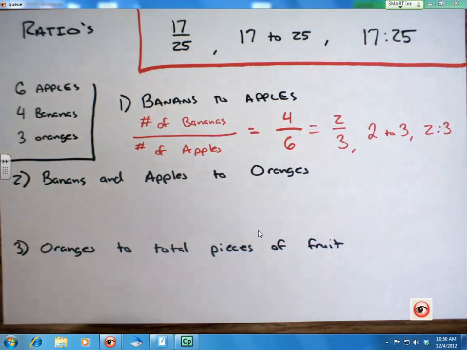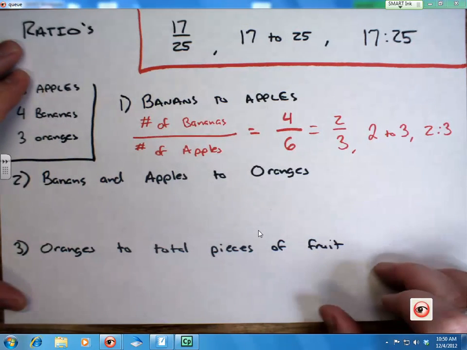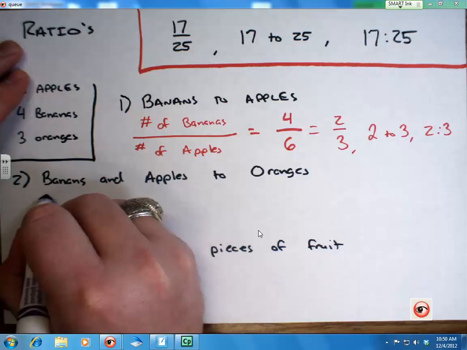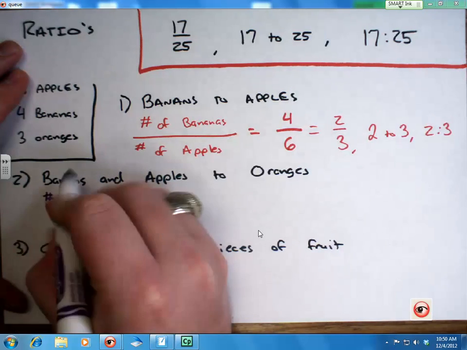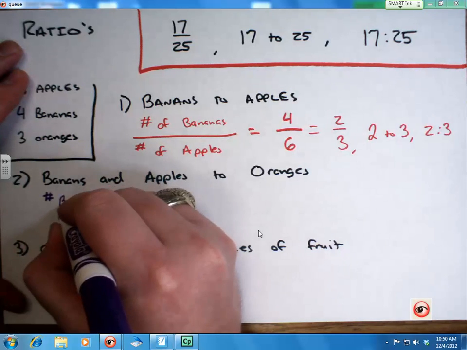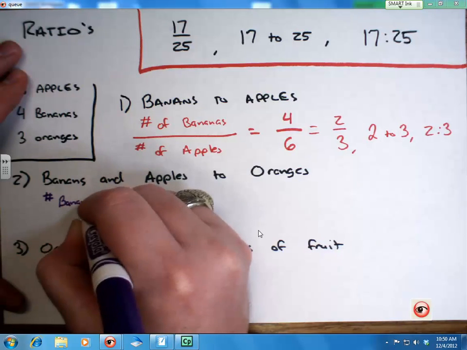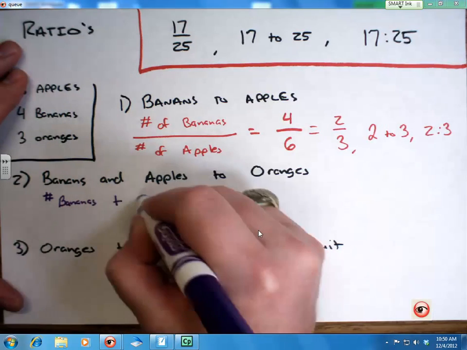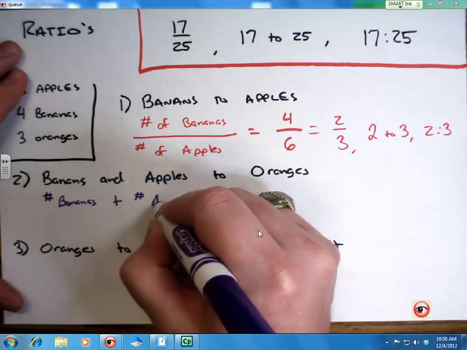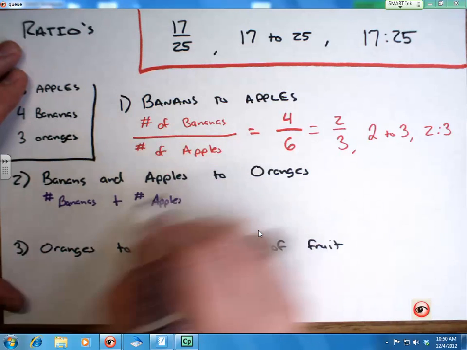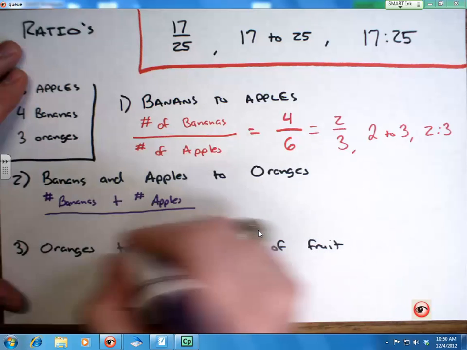All right, let's take a look at number 2. Number 2 says it wants the ratio of bananas and apples to oranges. So on this one, we need to have our number of bananas plus our number of apples all over my number of oranges.